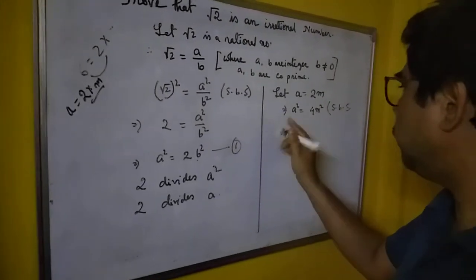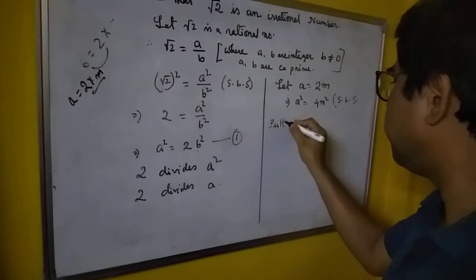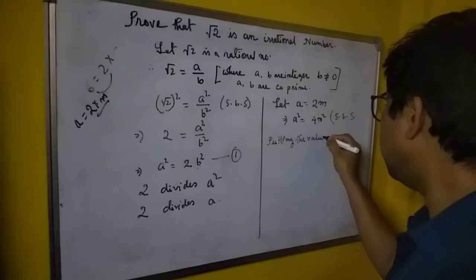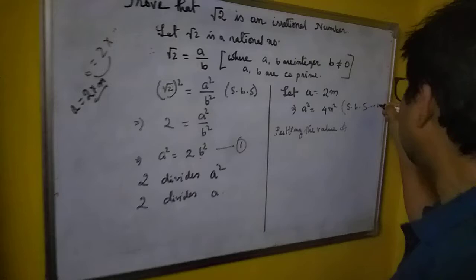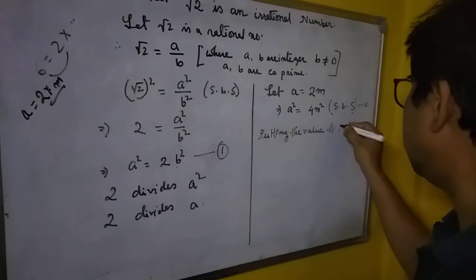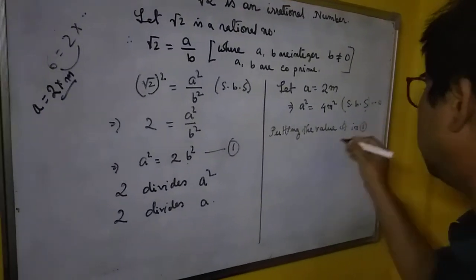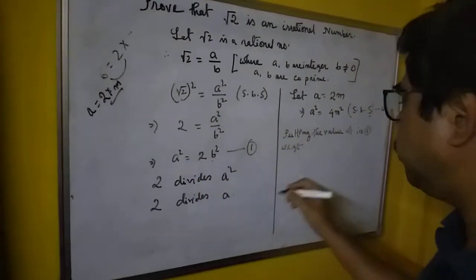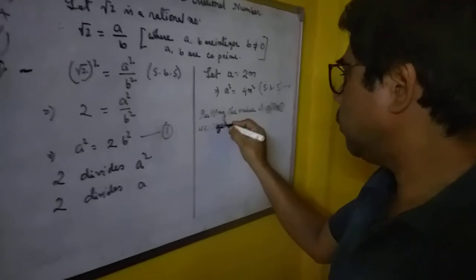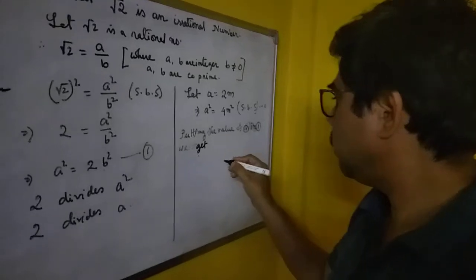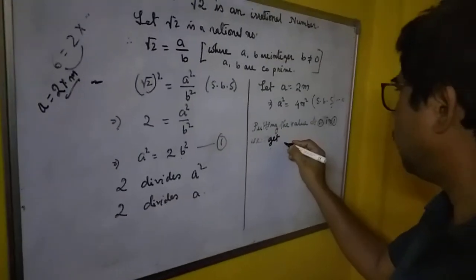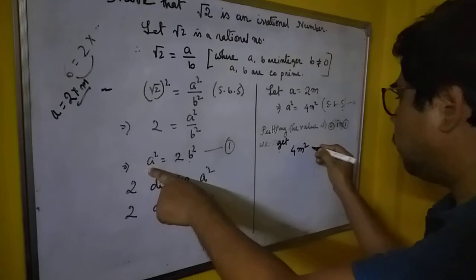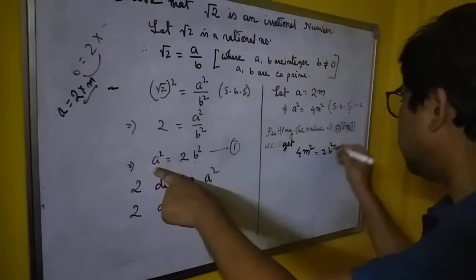Then putting the value of a squared in the earlier equation, we get 4m squared equal to 2b squared.